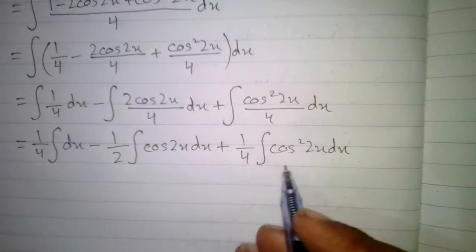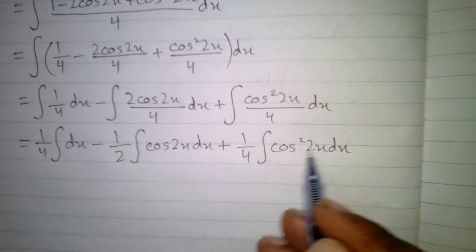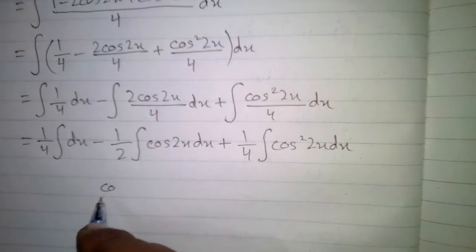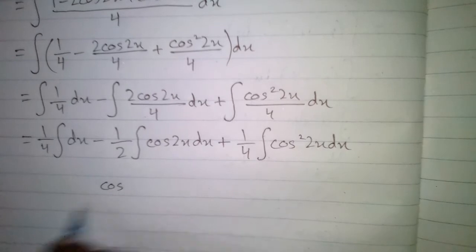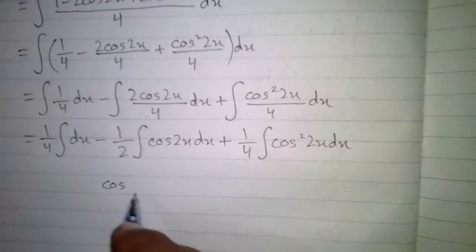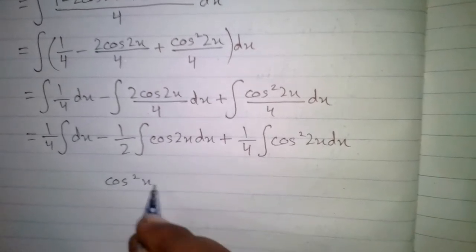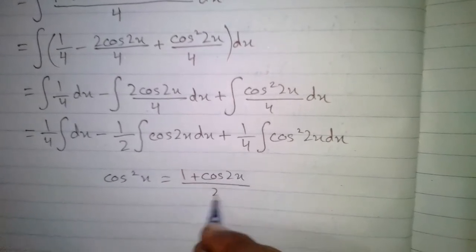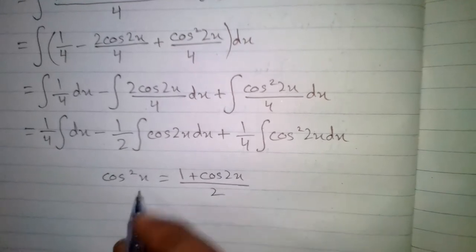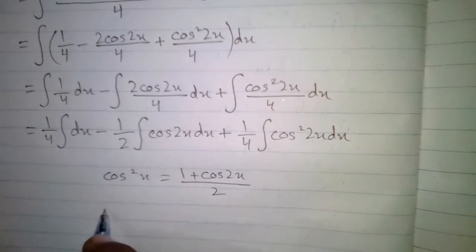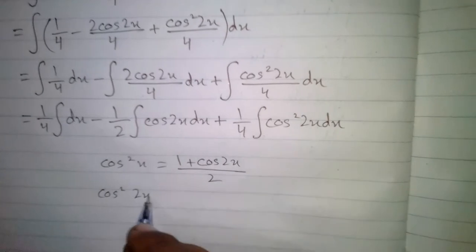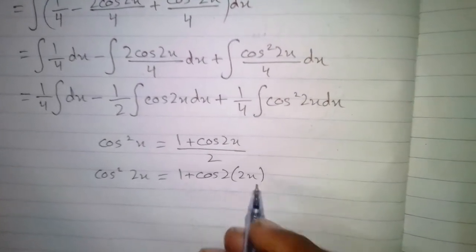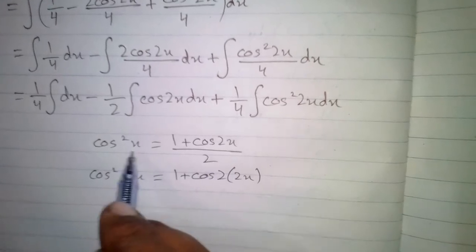Now we have to find what is the value of cos²2x. So we will use the formula cos²x is equal to (1 plus cos 2x) upon 2. So we will put 2x in place of this x. So we have cos²2x is equal to (1 plus cos 2 times 2x) upon 2, because we have put 2x in place of this x.